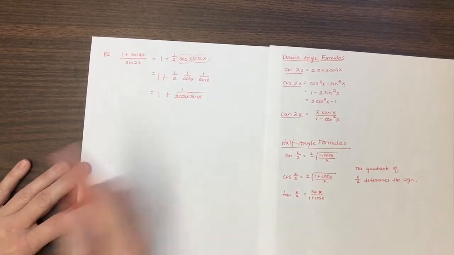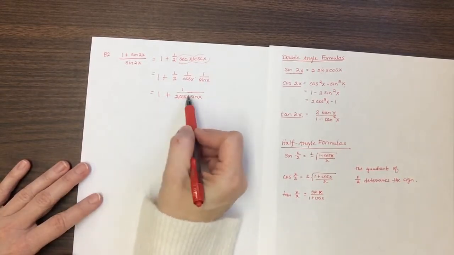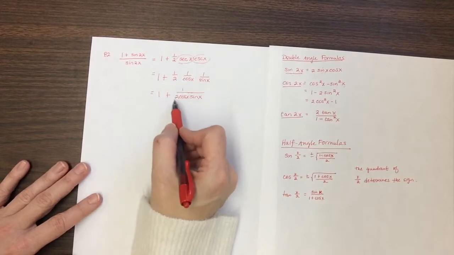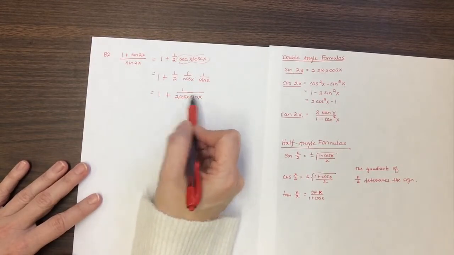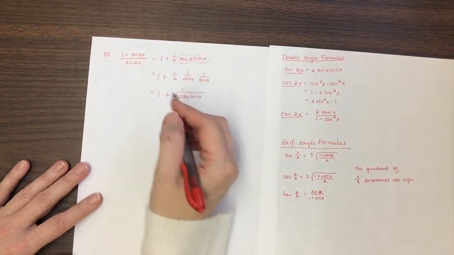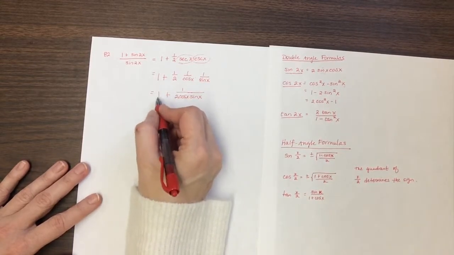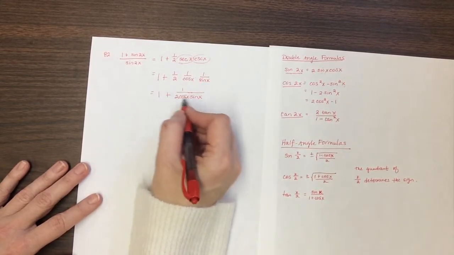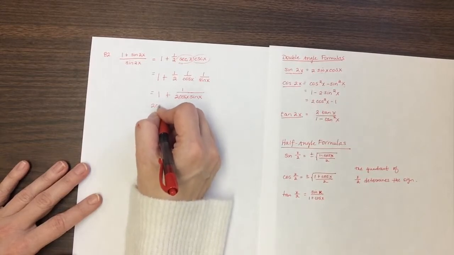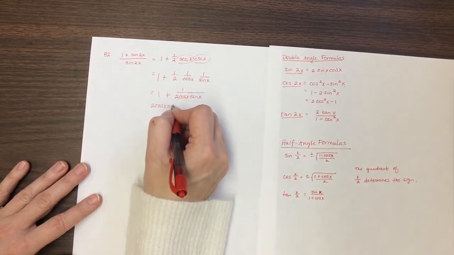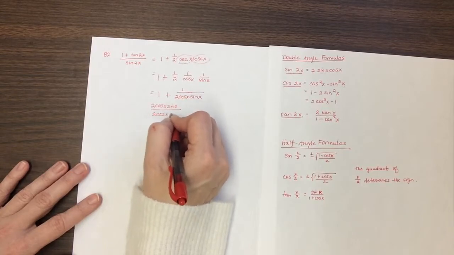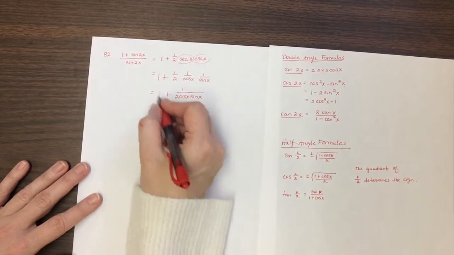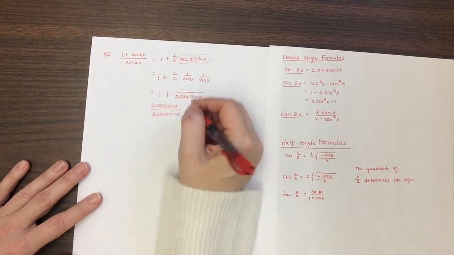Alright, now at this point I would go ahead and get a common denominator and put these two fractions together. My common denominator is going to be 2 times the cosine of x times the sine of x, and I need that over here. So when I multiply the top and the bottom of 1 over 1 times that, I get 2 times the cosine of x times the sine of x over 2 times the cosine of x times the sine of x. That's just an equivalent fraction.